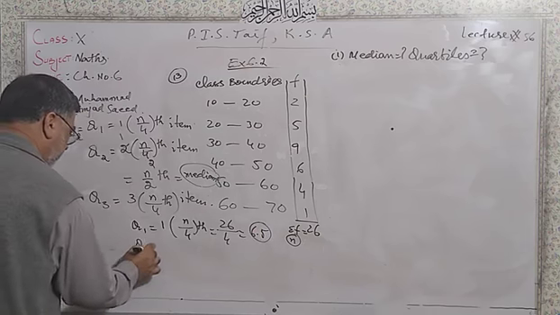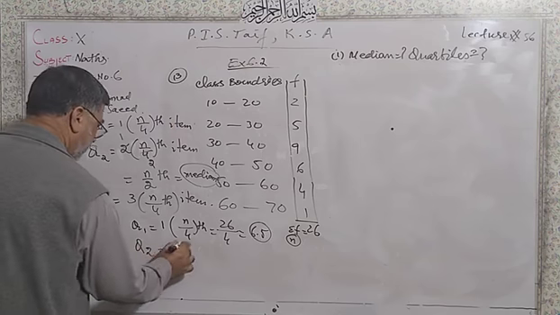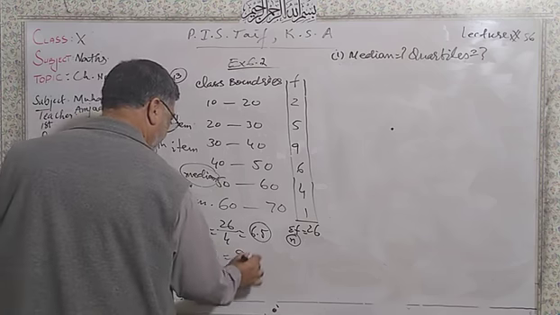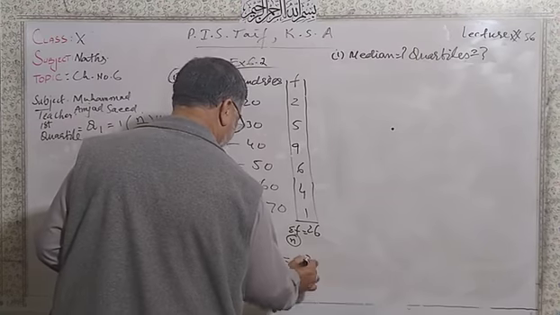After that, Q2 is 2 into n by 4, that is 2 into 6.5, which is equal to 13.